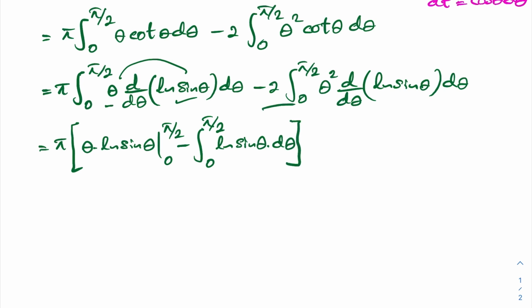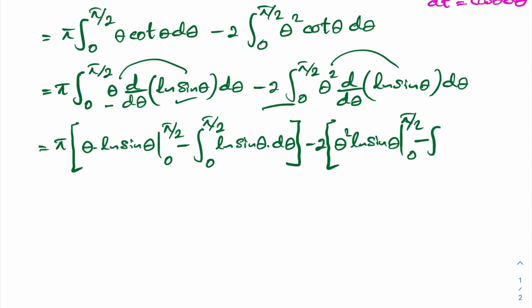Then minus 2 times the product of these two functions, theta square natural log of sine of theta from 0 to pi over 2, minus integral from 0 to pi over 2 of the derivative of this function, 2 times theta, times natural log of sine of theta d theta.